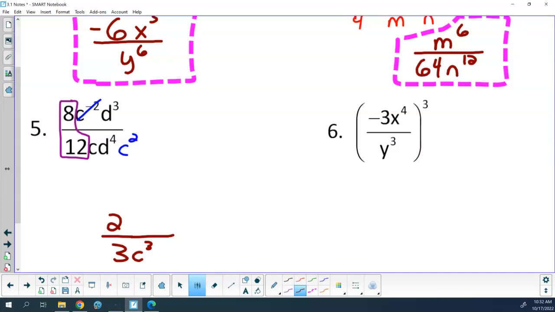In terms of d's, I've got 3 d's on the top and I've got 4 d's on the bottom. That means I've got 1 more d on the bottom, right? So that means I'm going to need a d down there. There you go.